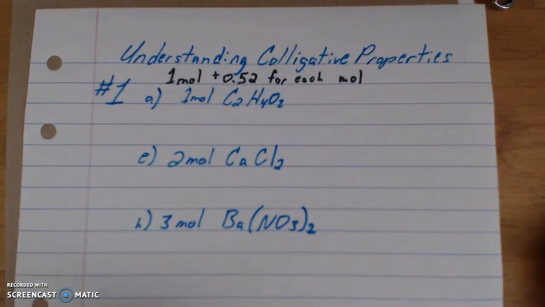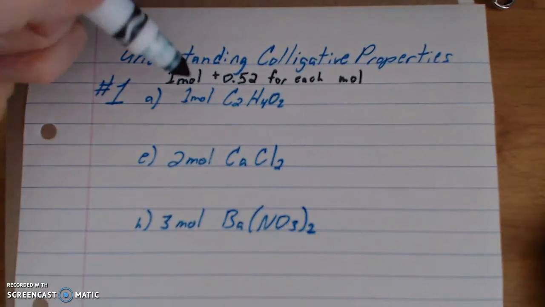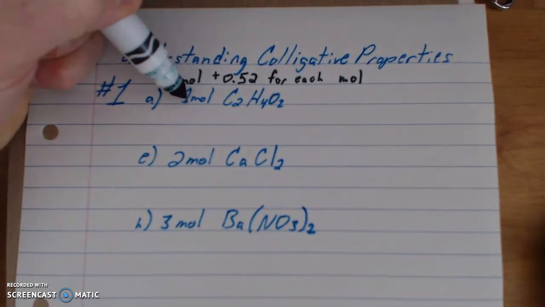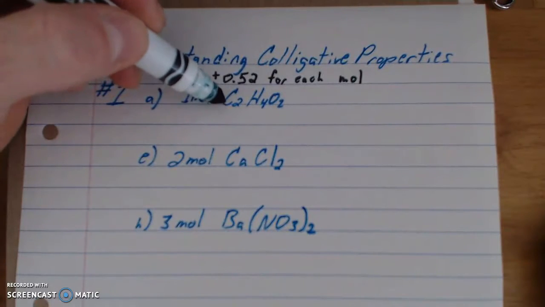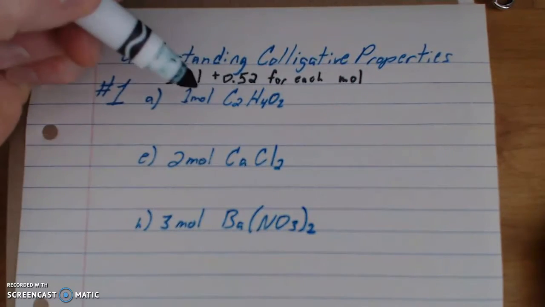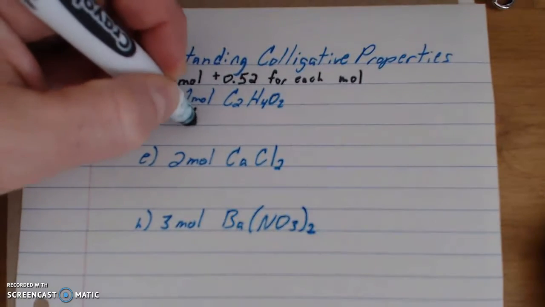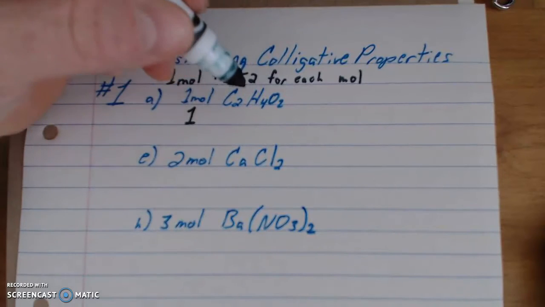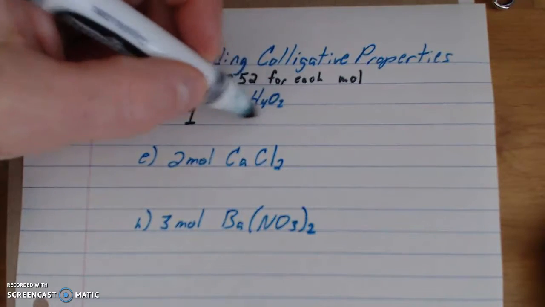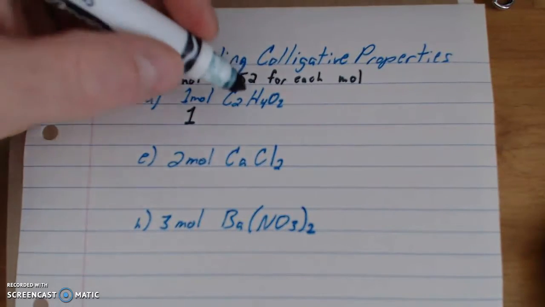So let's look at number A. For number A, we have 1 mole of C2H4O2, and this starts with carbon. This is carbon-based, right? So we have 1 mole of it. It is carbon-based, so that means that it's a molecule. It's covalently bonded, and none of these things break apart when it goes into solution.